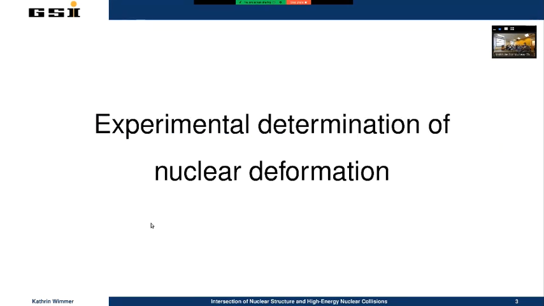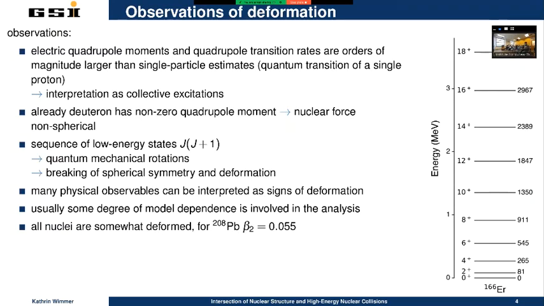So how can we experimentally determine the nuclear deformation from the low energy side? This really came from first an observation of large electric quadrupole moments and quadrupole transition rates, which are much larger than what is predicted in a single particle estimate.